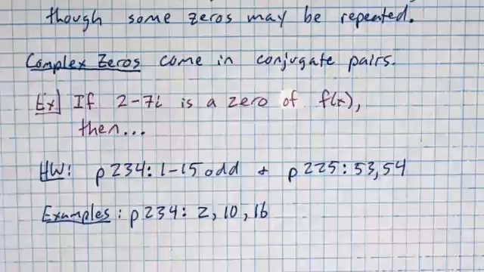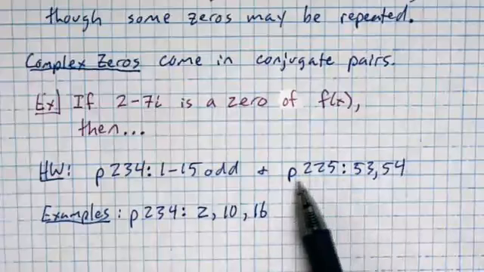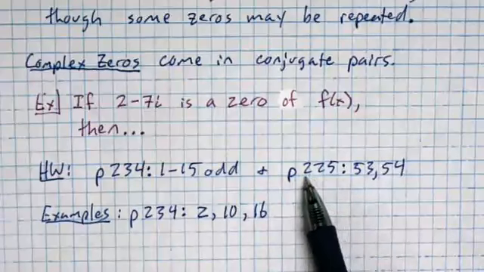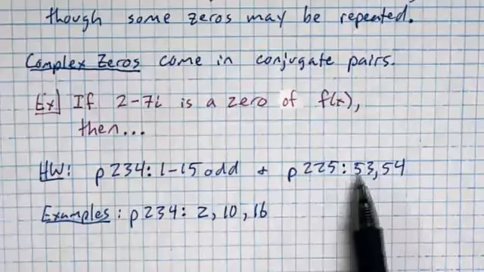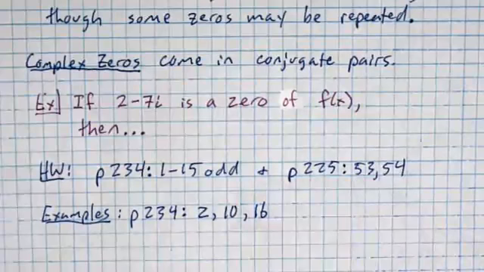If you've got your book and you'd like to look at the instructions for these, I'll put them up on the screen in just a moment too. But that's the assignment. Page 225. I don't know if this is the right page number, but if I say page 225 and you don't see a problem 53, just flip a couple pages until you do see one, right? Okay.